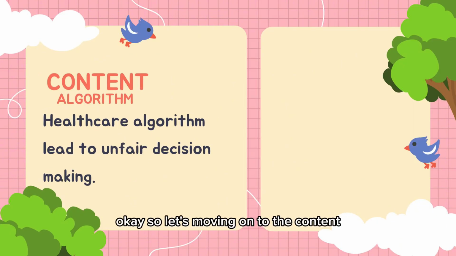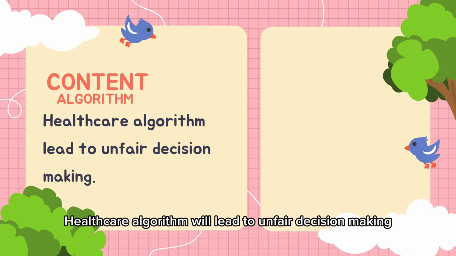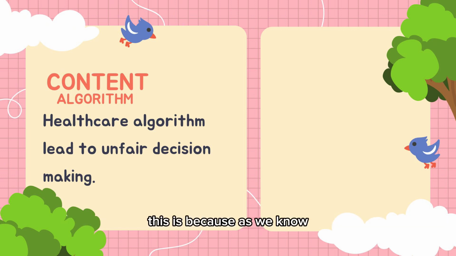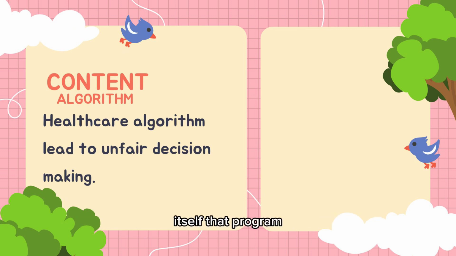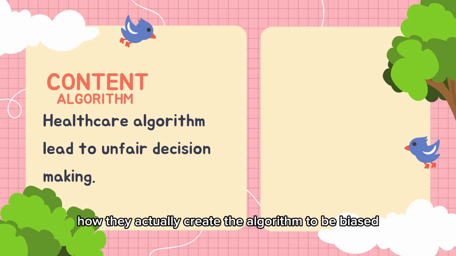Okay, so let's move on to the content part, which is the algorithm. So now, as you can see, healthcare algorithm will lead to unfair decision making. This is because, as we know, algorithm just follows instructions that are already made by the creator, and the problem here is actually the creator itself that programs the algorithm to be biased.